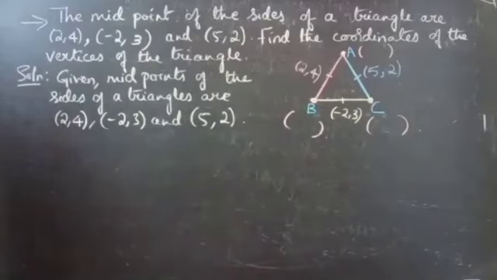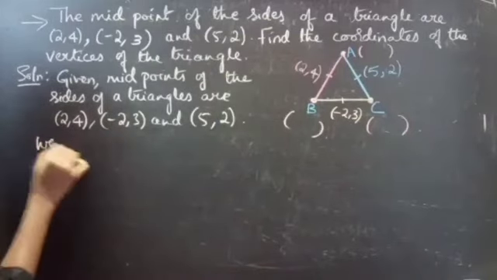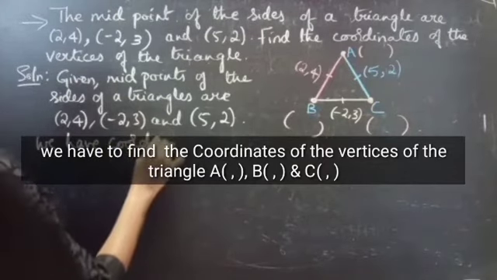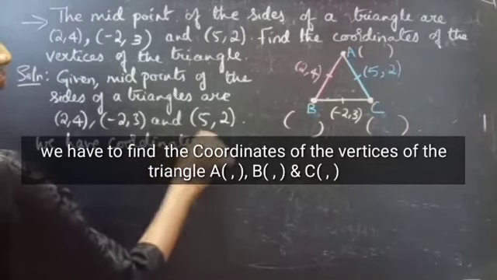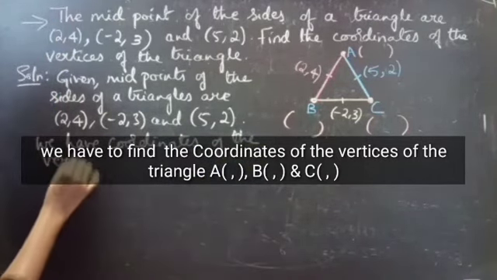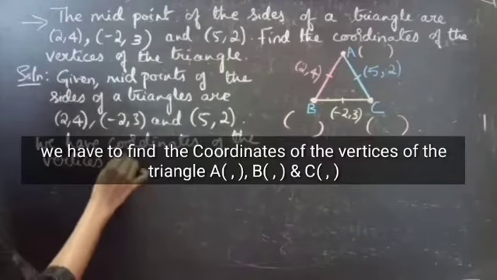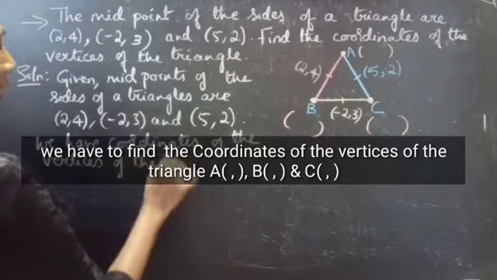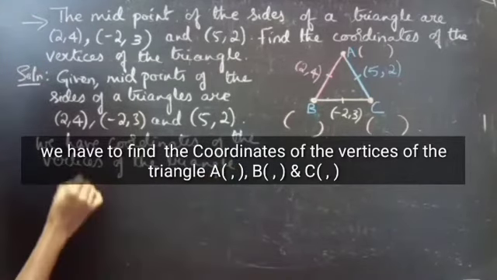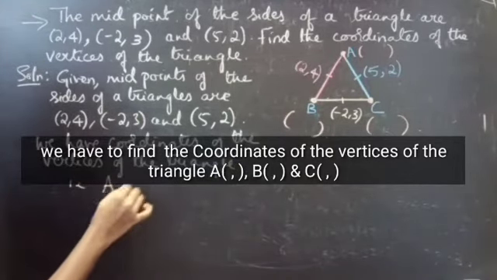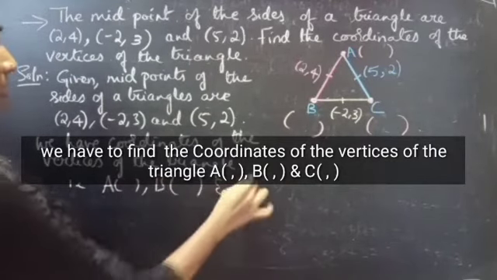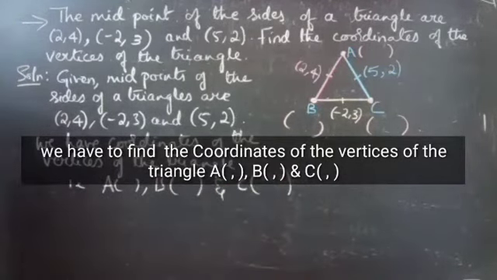Here we have to find the coordinates of the vertices of the triangle, that is, coordinates A, B and C.